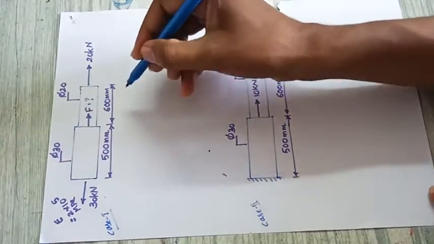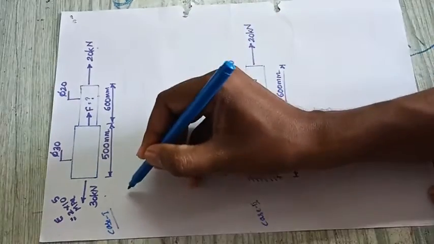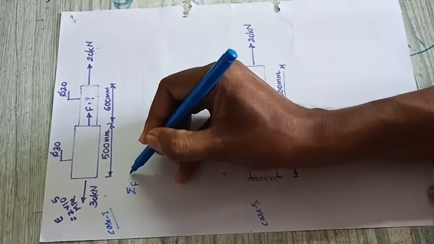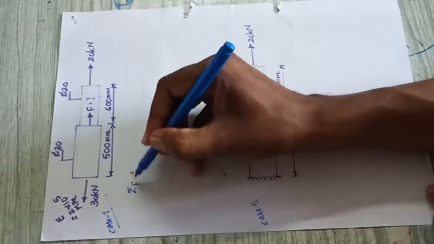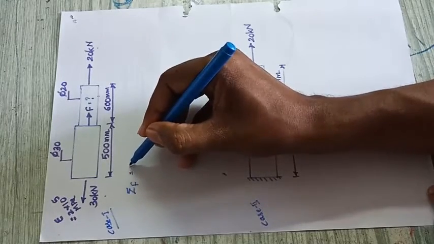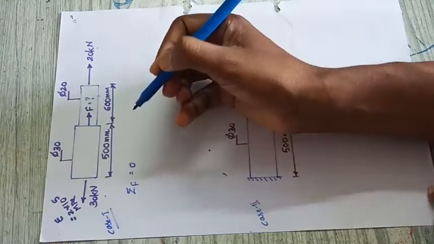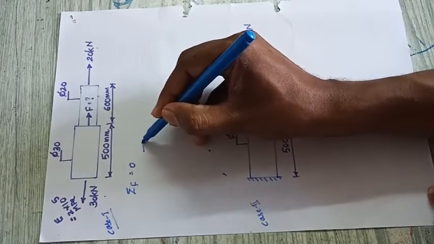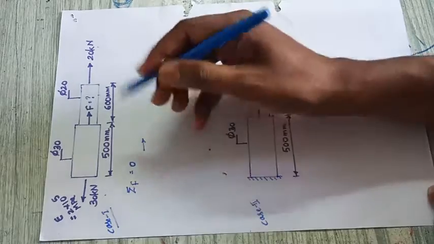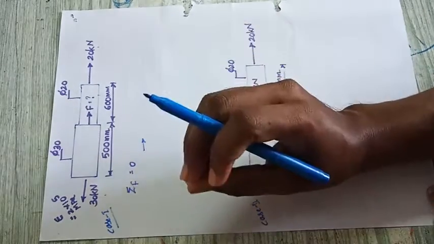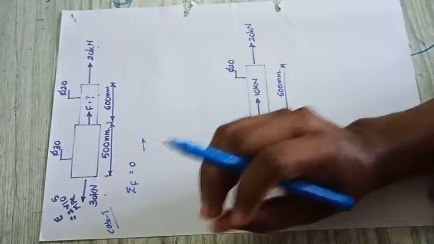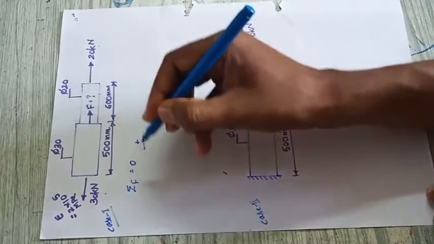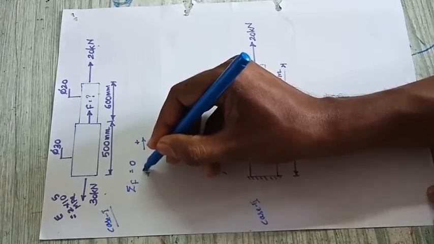So we are using the summation of the forces, or you can call it the equilibrium of forces. The summation of all the forces will be equal to 0. In this case I have to consider a sign convention, which is totally different from what we discussed in the last video. Right I can take positive and left I can take negative.